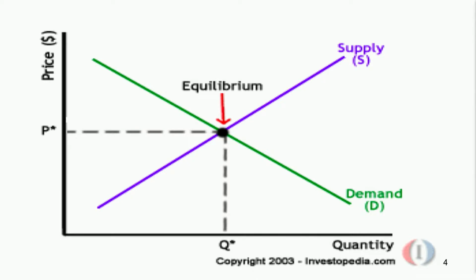The blue line, referred to as the supply curve, shows for each price the quantity that sellers will be offering for sale at that price. For some reason, economists use the word curve to describe a straight line, but you have to live with that. The demand curve slopes downward, meaning that at a lower price there will be more demanded, and the supply curve slopes upward, meaning that at a higher price more will be supplied.